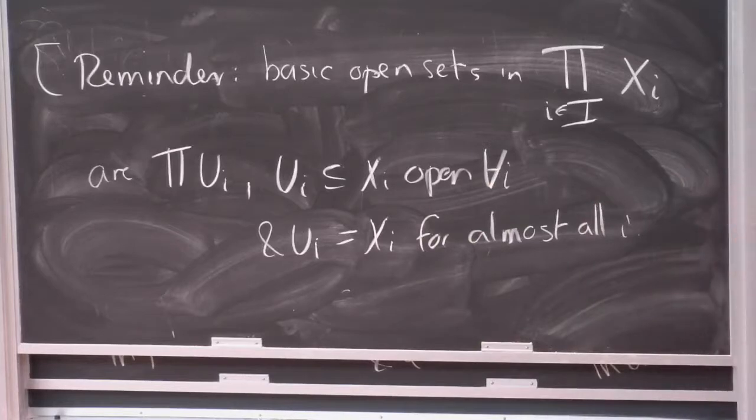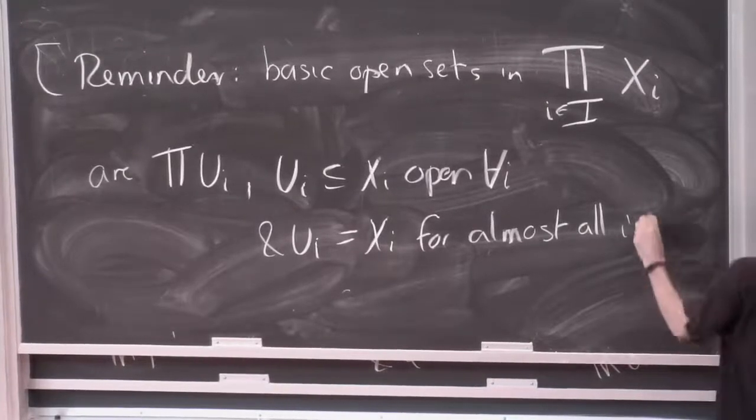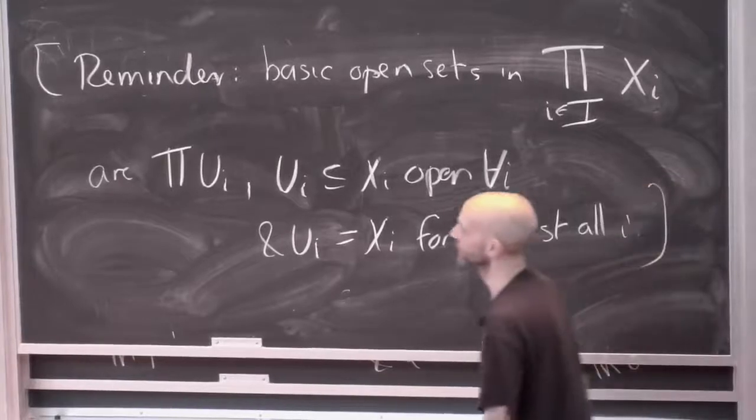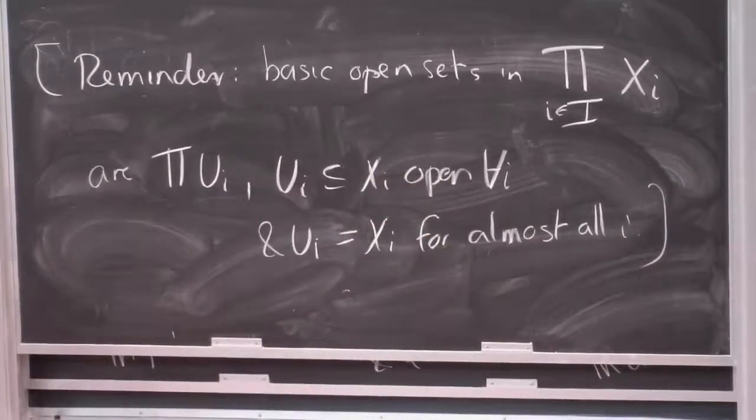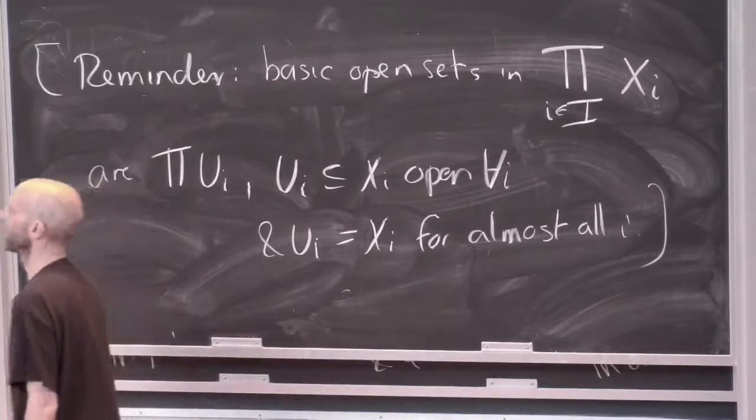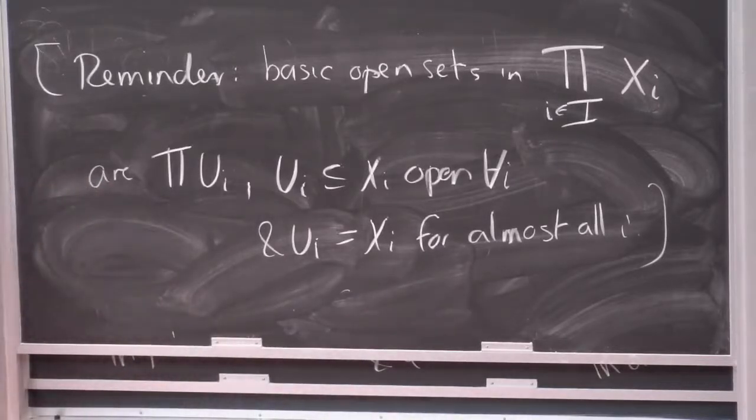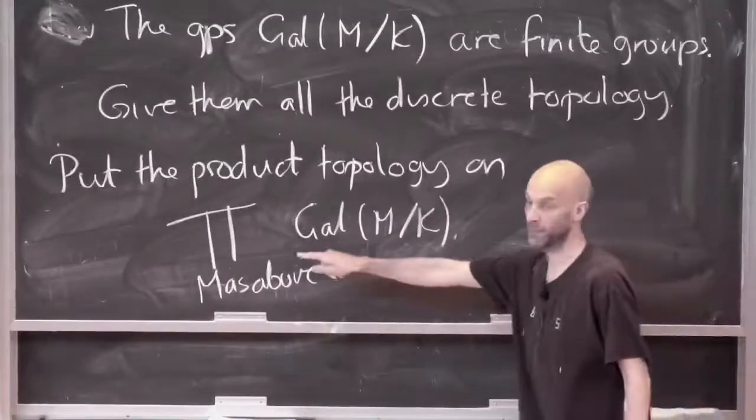If you know the arrow-theoretic definition of a product, then it's a good exercise to verify that this is the correct definition of a product. So in particular, even if these things are discrete, this product might not be discrete. These groups are finite, so they're certainly compact. And the product of compact spaces is compact.